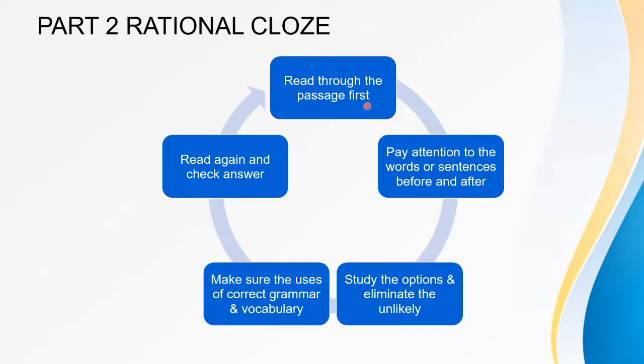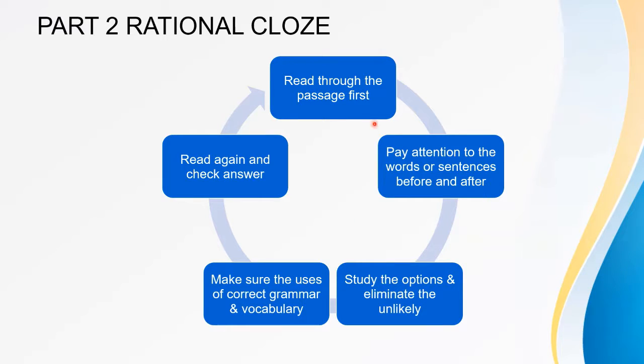After reading the passage, you may know the ideas of the passage. Let's say the passage may talk about smartphones. The passage may talk about the development of the city, right? So you get the idea first. Later on, you are able to decide to use the correct grammar and the vocab.